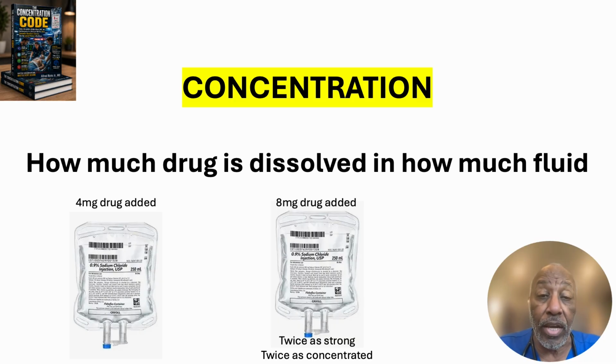Here's another way to think about it. Take salt water. If you dissolve 1 teaspoon of salt into a glass of water, you get mildly salty water. If you dissolve 4 teaspoons of salt into the same glass, you get water that's intensely salty. The glass is the same size, the water looks the same, but the concentration of salt is 4 times higher.